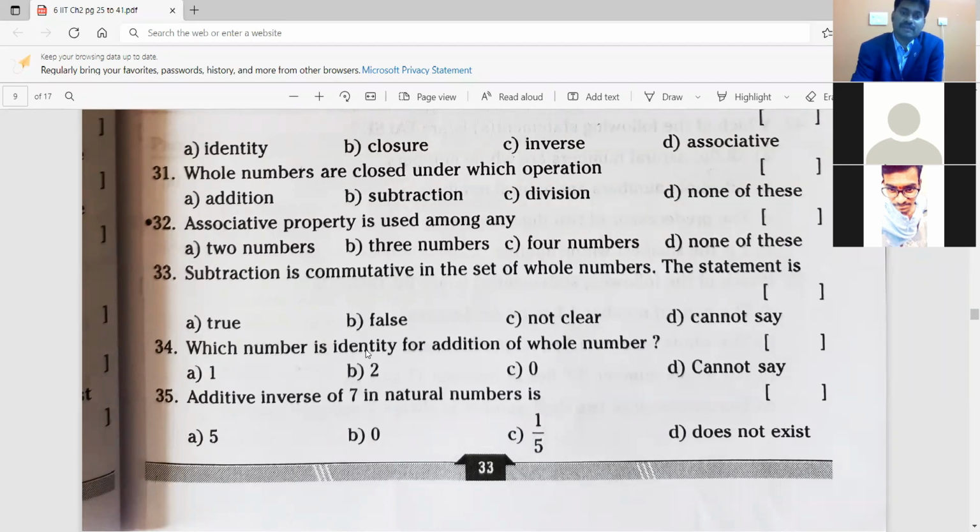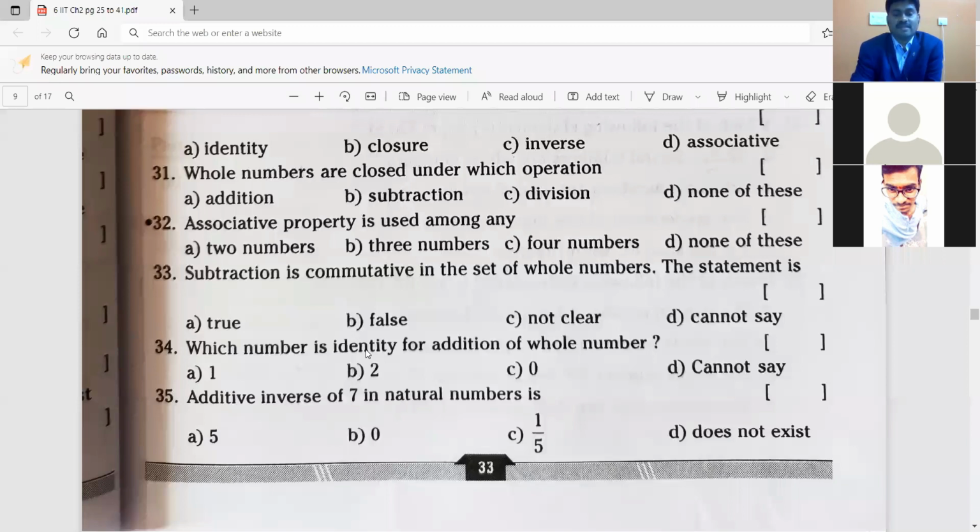Like a plus 0 is equal to 0 plus a is equal to a. If I add 1 to any whole number, the value will be changed. 2 also. But if we add 0 to any number, like 100 plus 0 is equal to 0 plus 100 is 100. So 0 is called the additive identity.